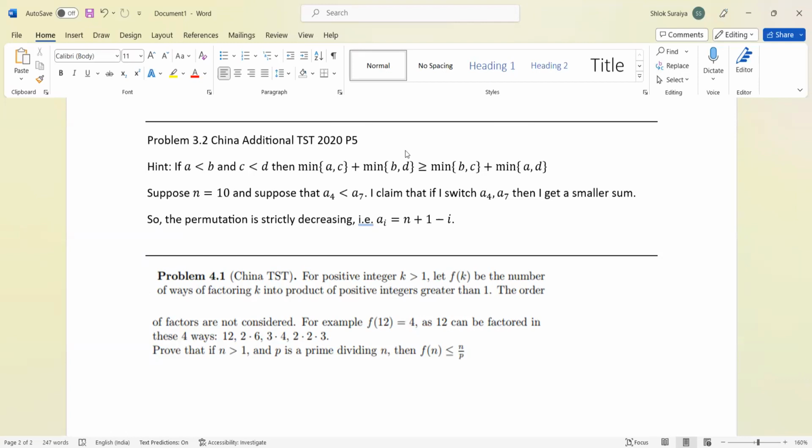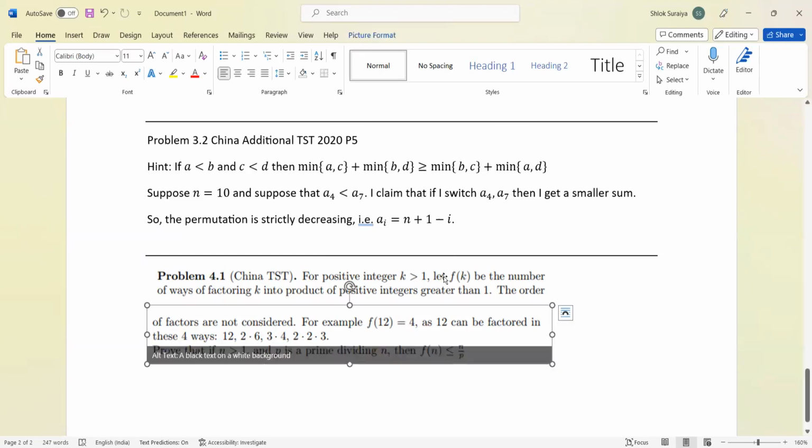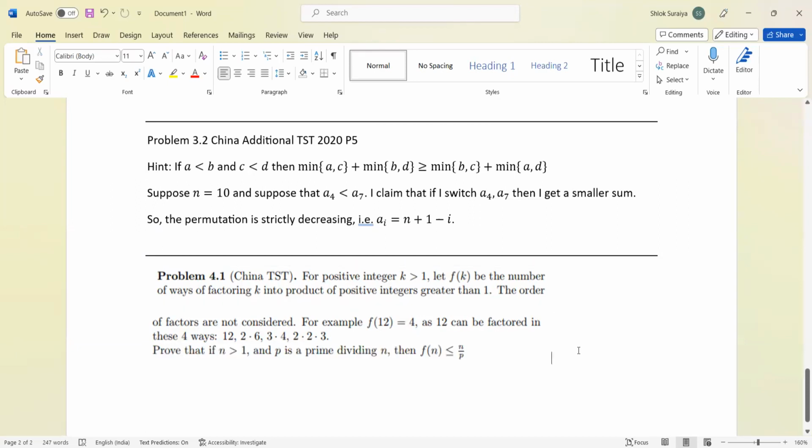Okay, no one has seen this problem, so I think everyone will enjoy trying it. By the way, here order is not considered, so 2 into 3 and 3 into 2 are taken to be the same. 6 is just 6, then 2 into 3, and f of 6 is just 2.